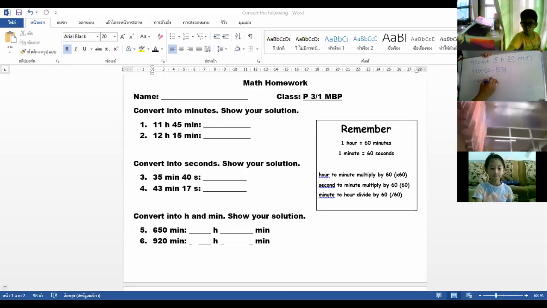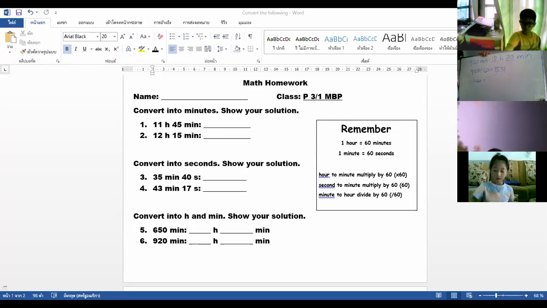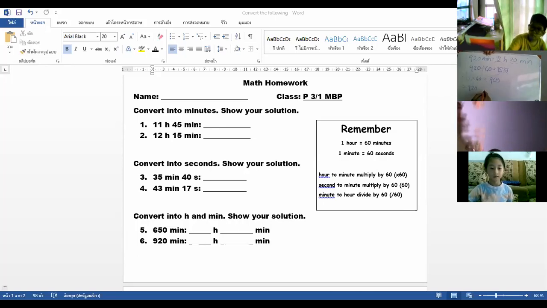What is 15 multiplied by 60? That's 900. And then 920 minus 900, that's 20. So that's 15 hours and 20 minutes.